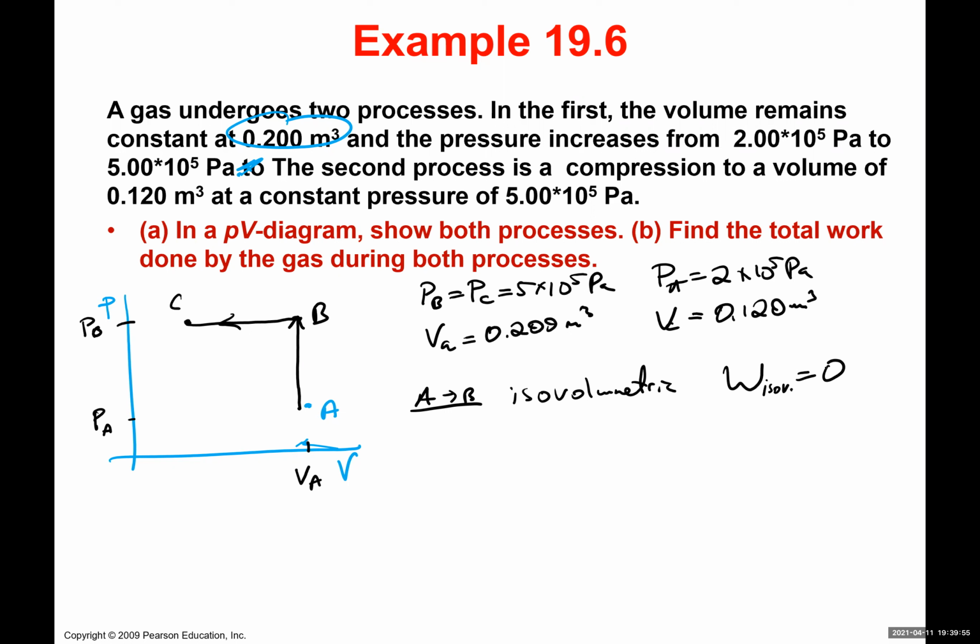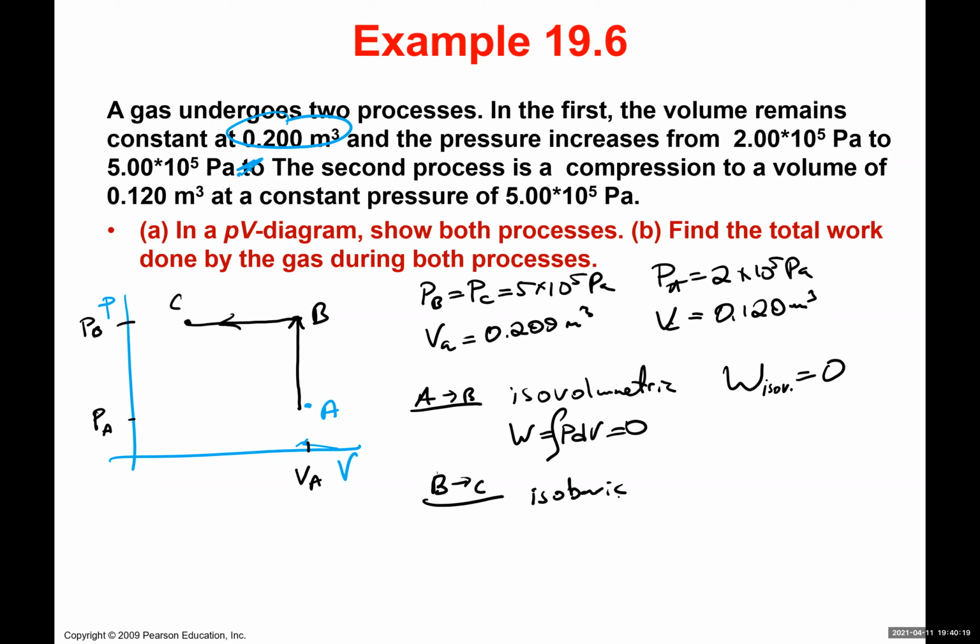Sometimes this is also known as the isochoric process. So isovolumetric or isochoric is basically 0. Why? Because work done is equal to the integral of P dV. There is no change in volume. So you get 0. Then going from B to C, so you have an isobaric process.